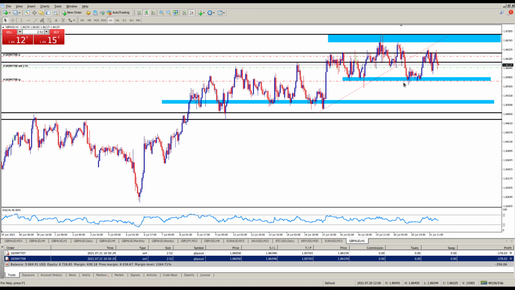The way price has been reacting, we can pretty much say for sure that this is a good resistance zone, because you see how price came in, danced around the resistance zone, wicked past the border, and closed back into the zone.